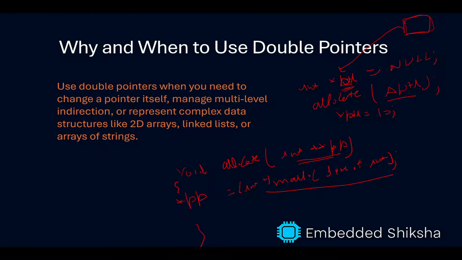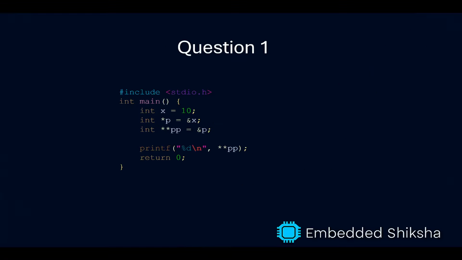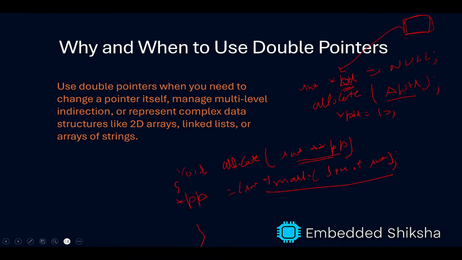So wherever you face this scenario, where you get the number of rows and columns at runtime, you can use a double pointer to create a two-dimensional array.